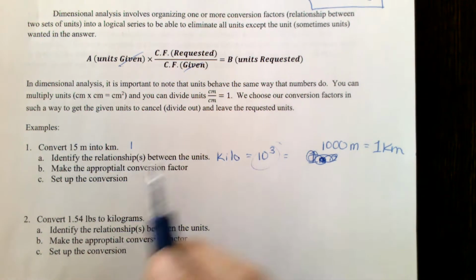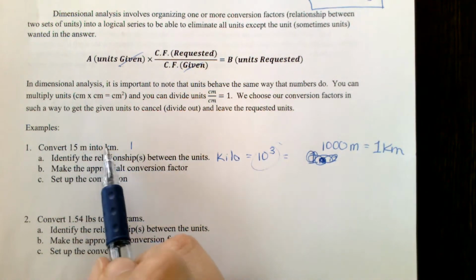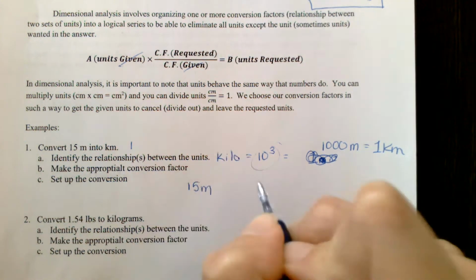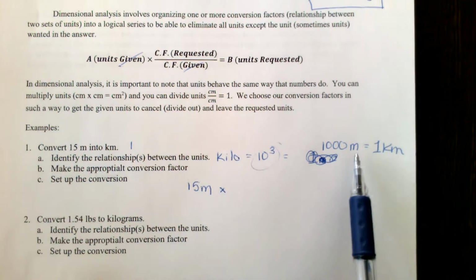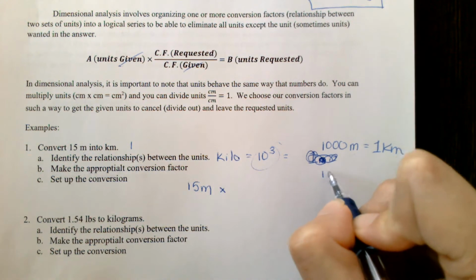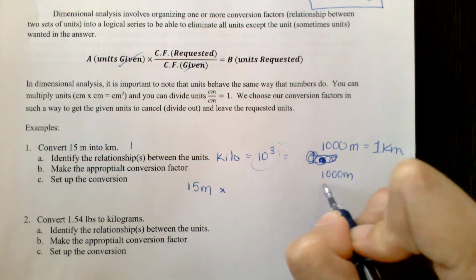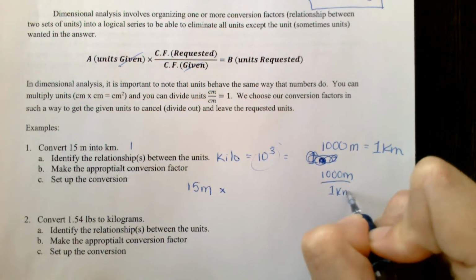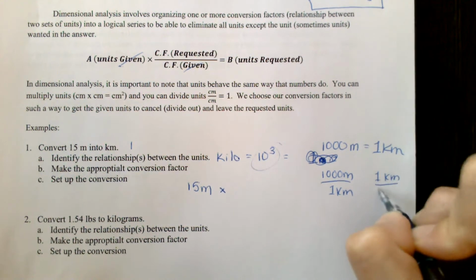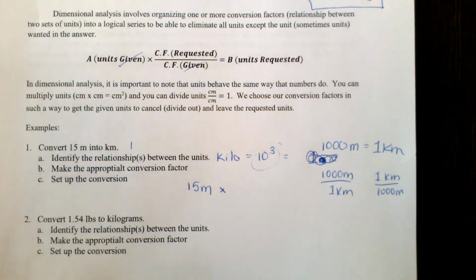So we will be going from meters to kilometers. So we're going to have our 15 meters. For our conversion factor here, we can build it two ways. We can have 1,000 meters per 1 kilometer, or we can have 1 kilometer per 1,000 meters.